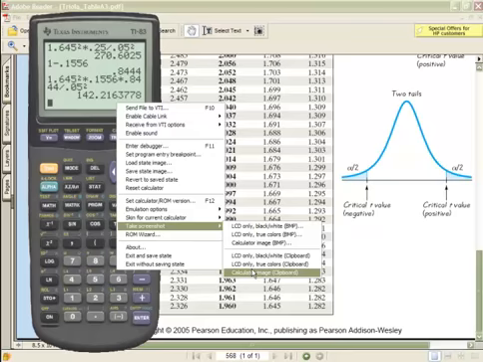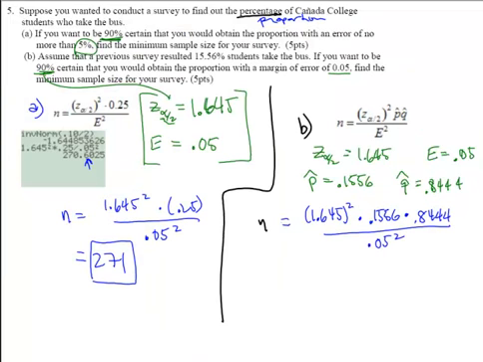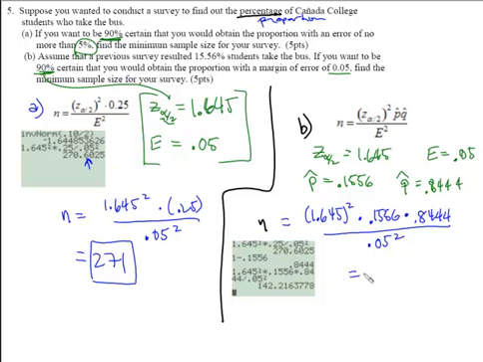So if we look, comparing these two problems is a good thing to think about. By knowing a little bit more information about what you're studying, and by having some background, your n in this case is 143. Remember, you round up.